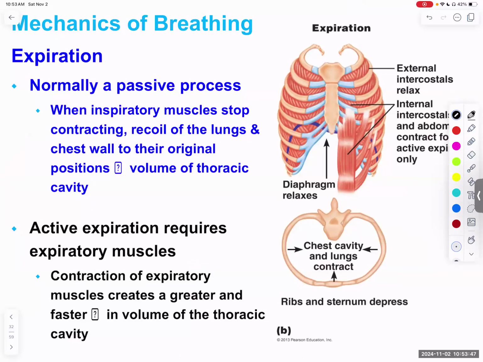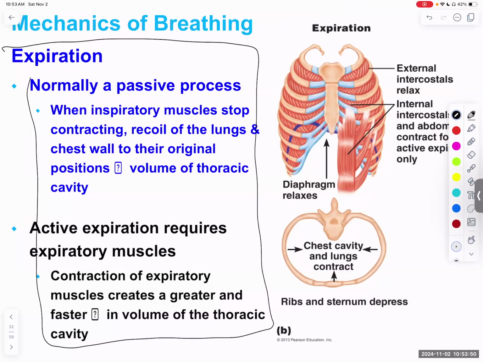Expiration, again, this is where you pause and you read through the steps. So when inspiratory muscles stop contracting or you're actively using your internal intercostals, it's going to decrease the volume of the thoracic cavity, which increases alveolar pressure to be greater than the pressure in the atmosphere.